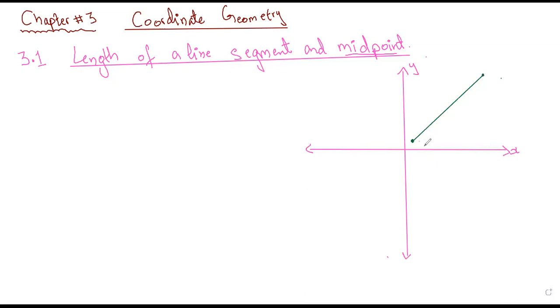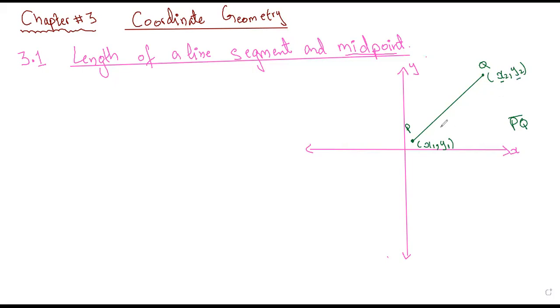Let's say the coordinates of this point are x1 and y1, and the coordinates of this point are x2 and y2, right? This is point Q and this is point P, and this basically is line segment PQ. Okay. Now we know that every point has two coordinates. One is x coordinate, the other one is y coordinate. And here we are trying to see how to find the length of this line.